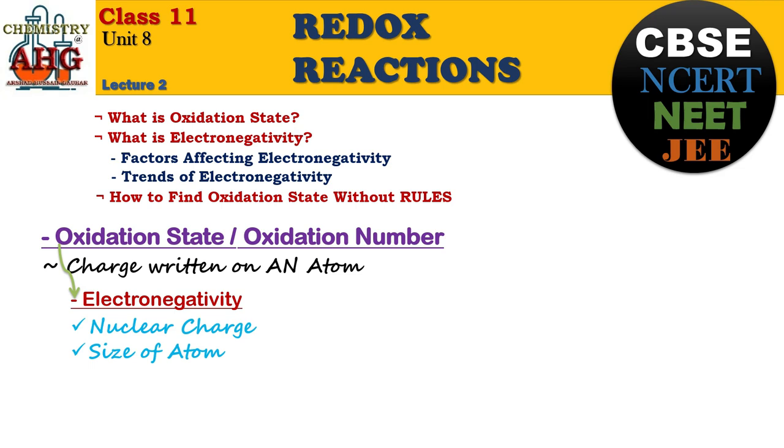With the help of atomic number and nuclear charge, you can decide about the size or radius of an atom. In simple words, size or radius depends on the number of shells. If an atom has more shells, it has a large radius, and if an atom has fewer shells, it has a small radius.